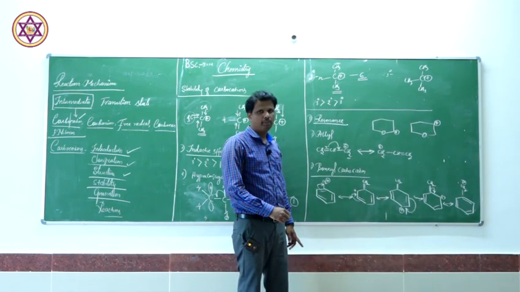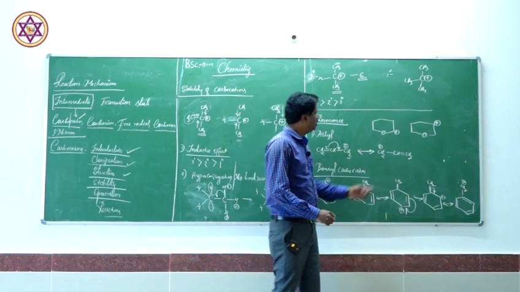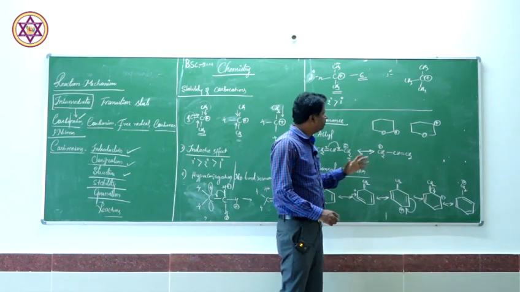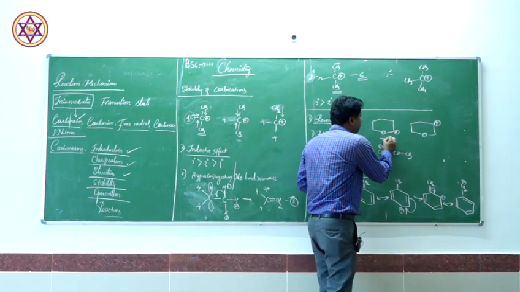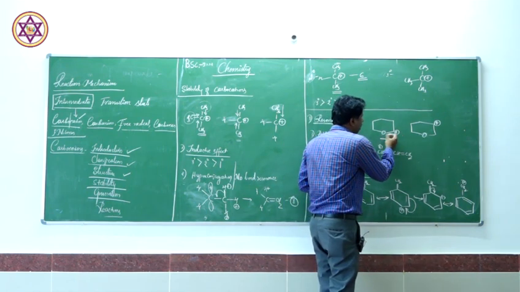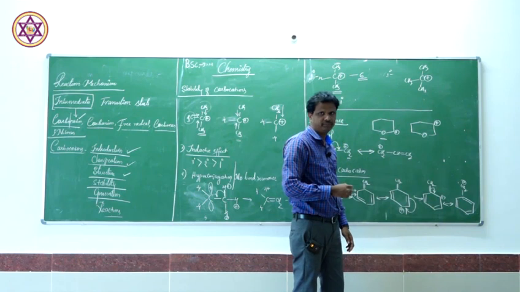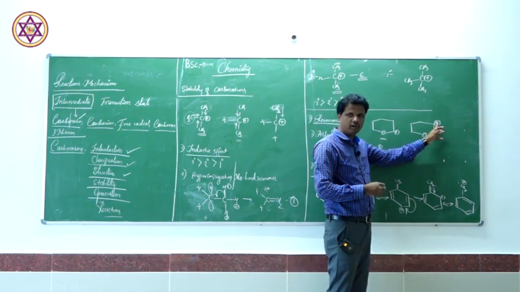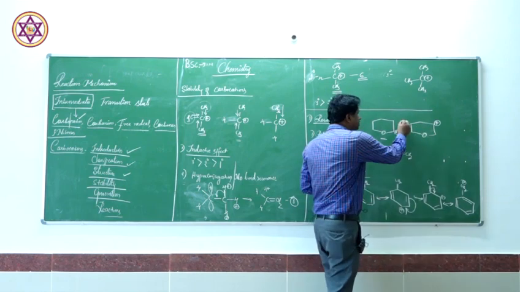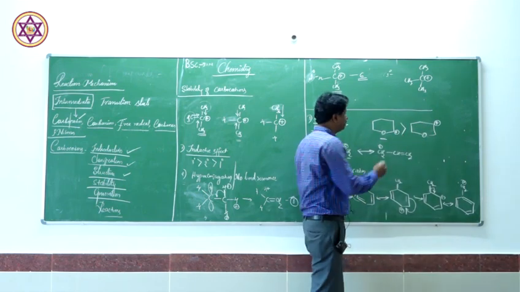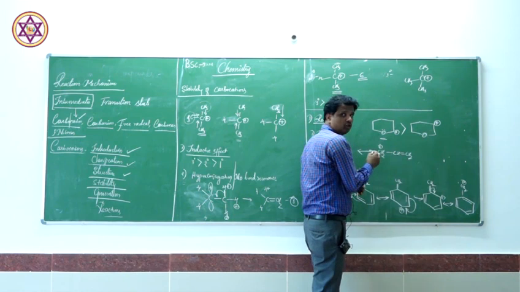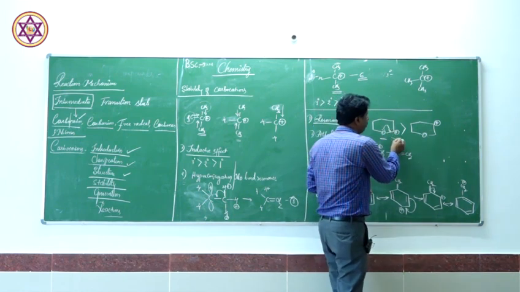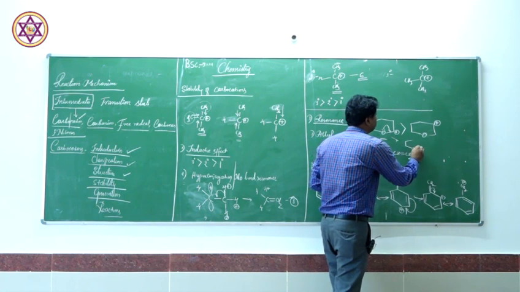Okay, look at this compound. Now this compound is called pyran in heterocyclic chemistry. Now if you observe this first molecule, the carbocation is formed next to the oxygen atom, and in the other case the carbocation is away from the oxygen atom. In this case this is more stable than that one, because the lone pair on oxygen can donate electrons to this carbocation and it can form a compound like this.